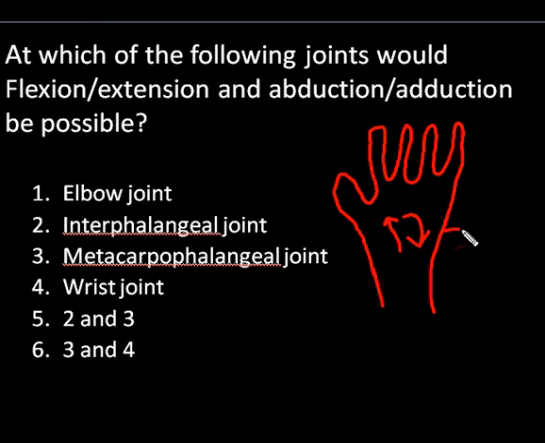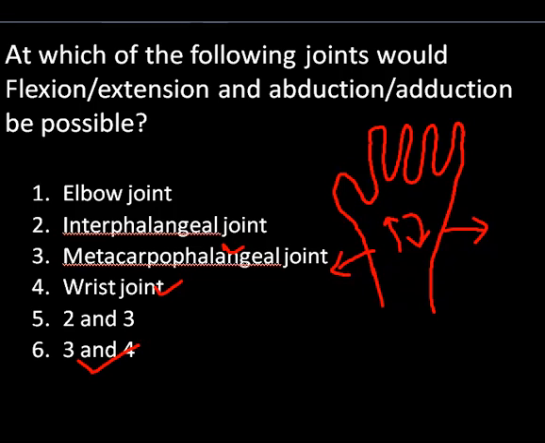You can also move the wrist medially, which is known as ulnar deviation or adduction. You can move it laterally, which is known as radial deviation or abduction. So even the wrist joint is capable of flexion, extension, abduction, adduction. So both these are. The correct answer to this question would be 3 and 4. So this would be the right answer to this question.